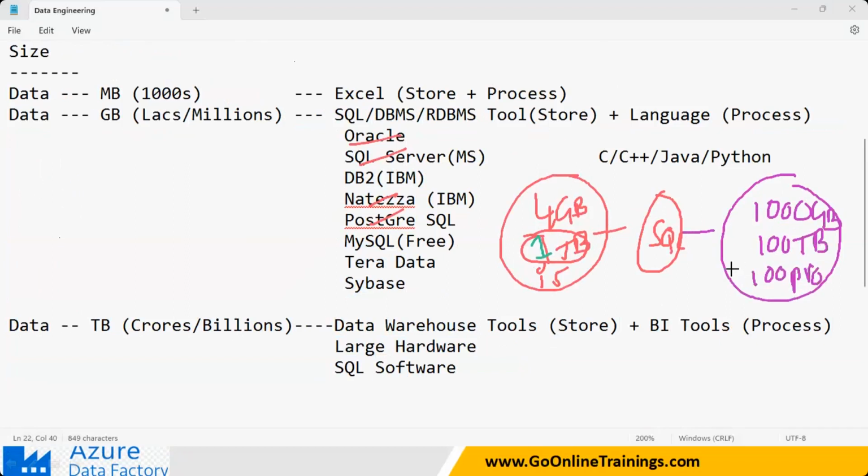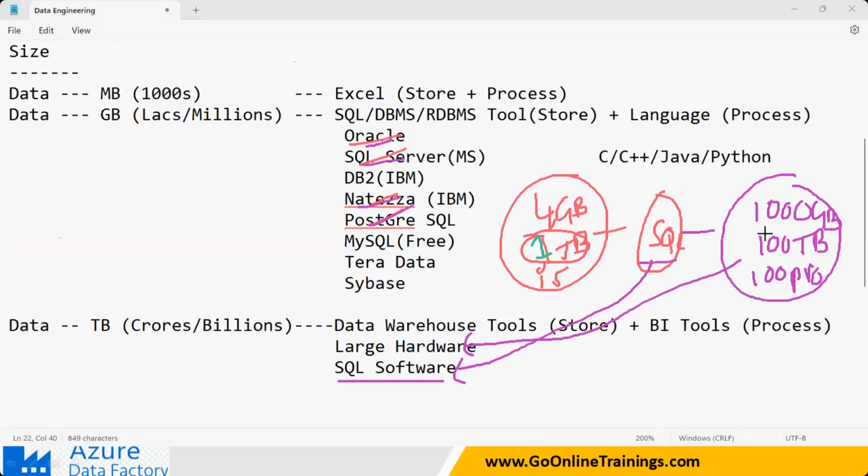Inside this machine, which is called a large hardware, if I install the same SQL software, maybe Oracle, SQL Server, Netezza, then software wise there is no change at all. Am I clear? But hardware wise, I have a large amount of hardware.